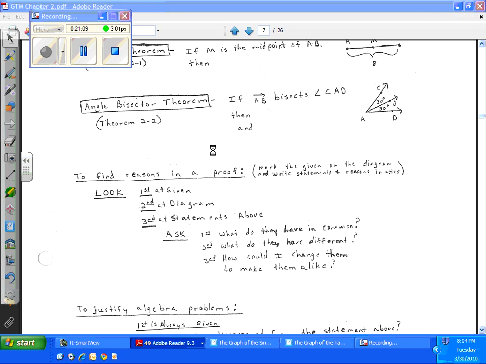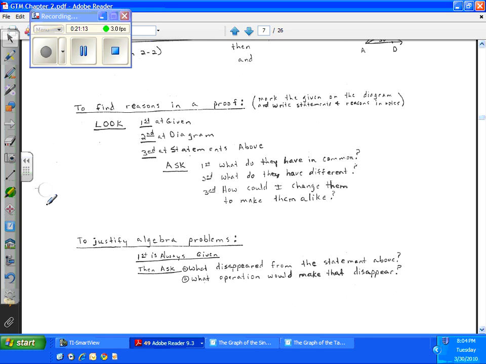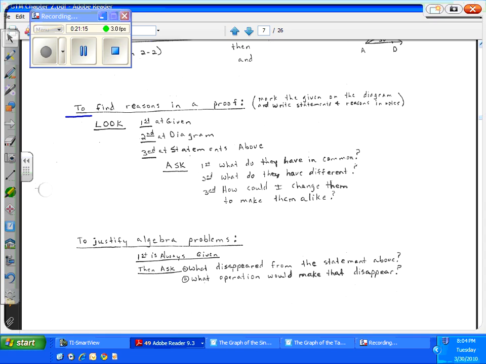Now, sometimes in textbooks, they give you the statements in a proof, and all you're going to do is look for the reasons. And if that's the case, then this is a little lesson, a little set of steps you can use to try to be able to find those reasons.